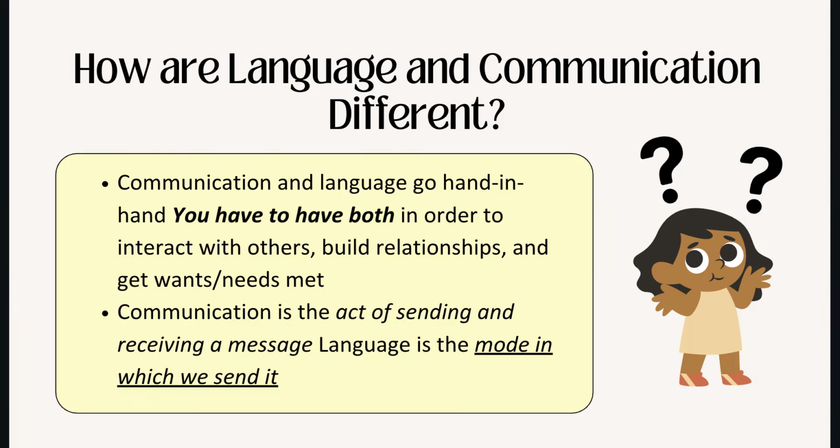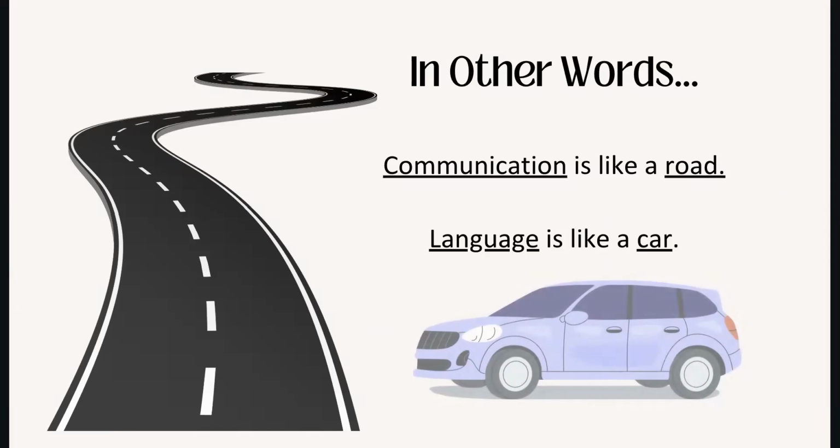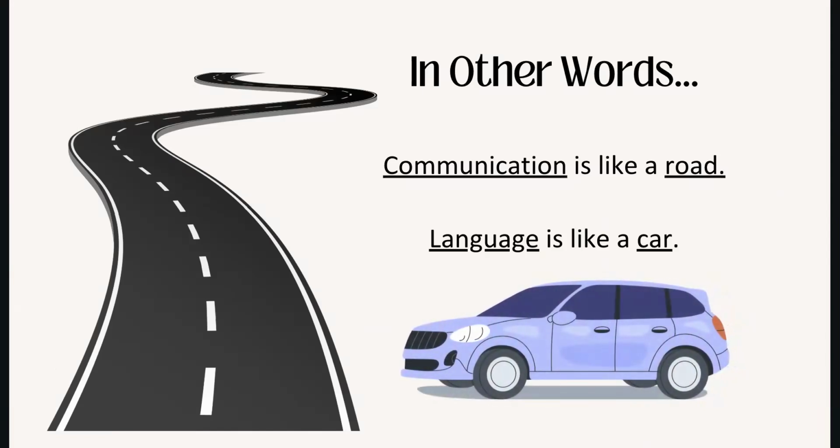So, communication is the act of sending the message. So, we have a want, need, or idea that we want to communicate. Language is the mode in which we send it. So, in other words, communication is like the road. We have the same starting position and the same ending position, the same road, but we may have two different types of cars.